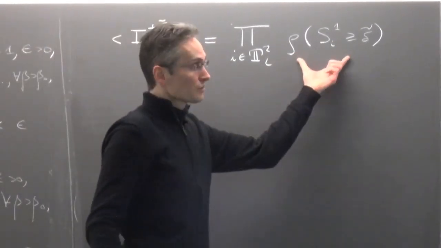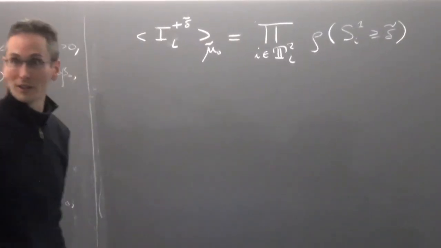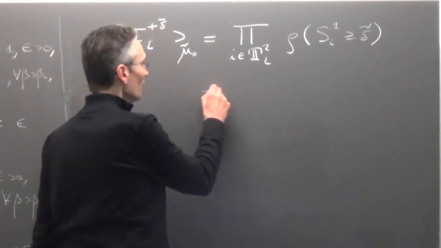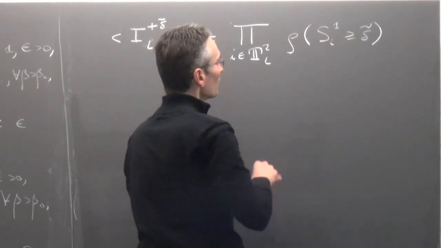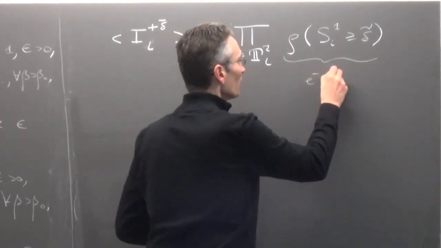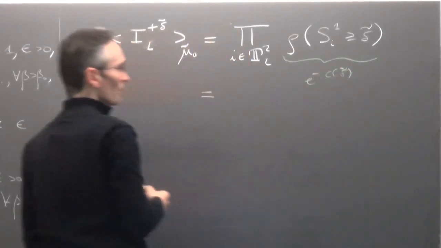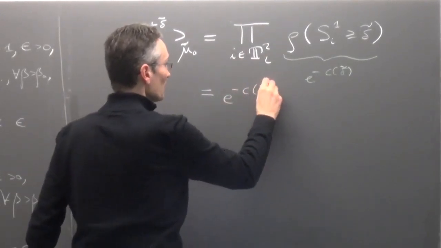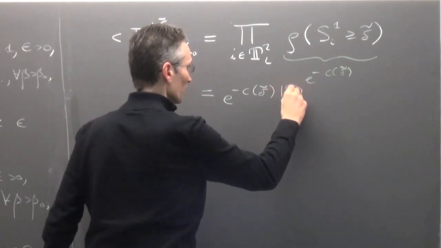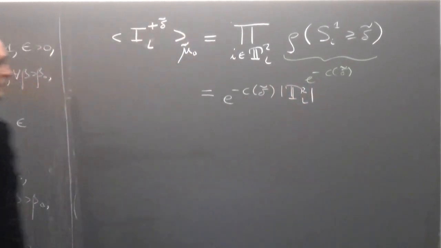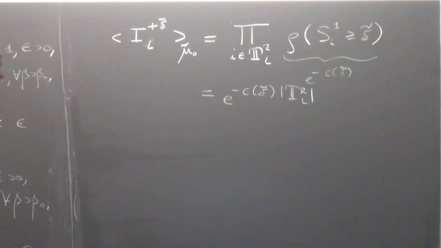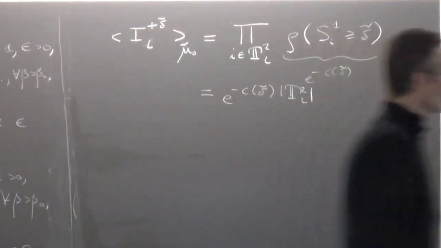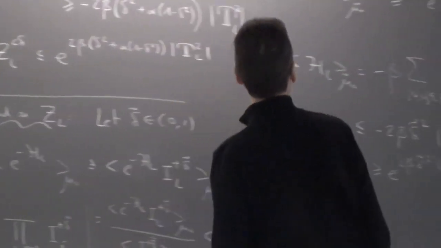So this is just trigonometry now. If I want, I can compute this constant. I don't care about the value of this constant, so I don't compute it. I just use the fact that I can write this as E minus C of delta tilde for some value C of delta tilde. So the whole thing here is E minus C delta tilde times the size of the torus. You can compute this C if you want, but it will play no role in what we want to do. So I won't do it.